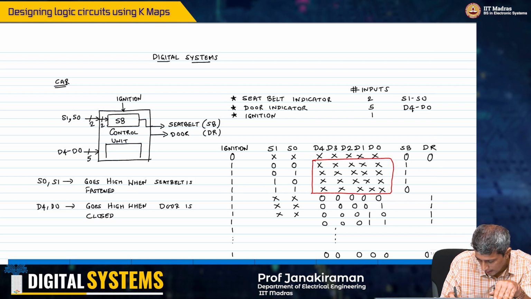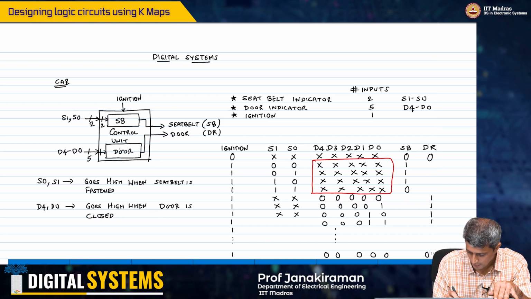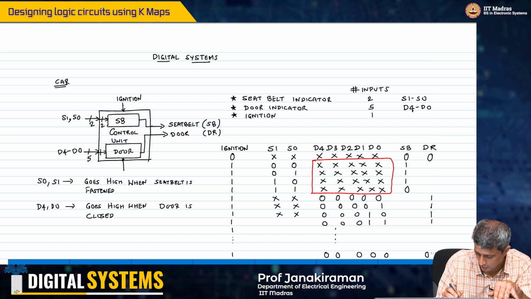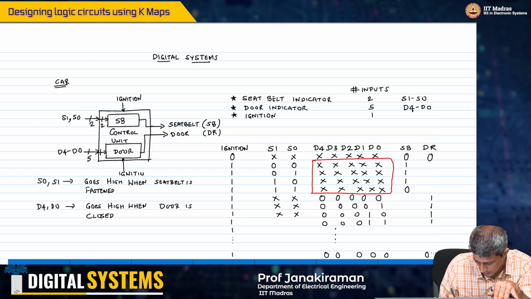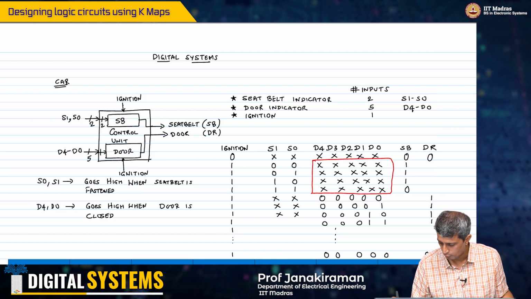Likewise, I have another block which is independently controlling the doors, that is doing this. And the ignition is obviously going to both. Okay, I'll just write that here. Ignition is going to control both of them.